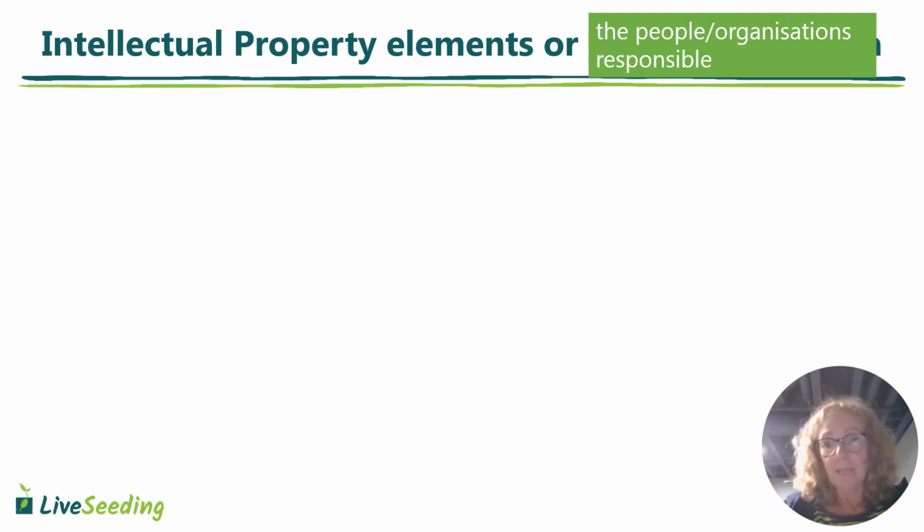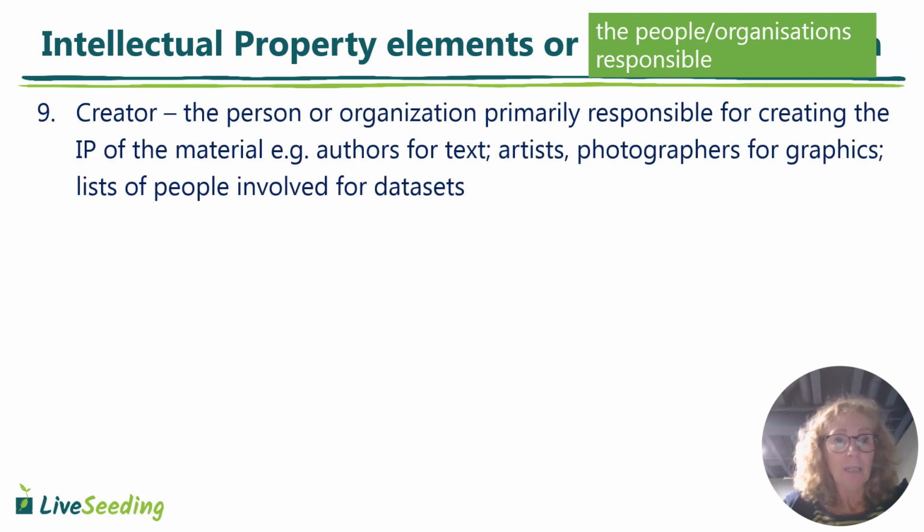And as I've been saying in this particular unit, we're mainly thinking about data, sets of data. So there will be a field that's often called creator, the person or organization who's primarily responsible for creating the IP of the materials. That's obviously authors, if this is metadata about a report, let's say, artists, photographers for graphics.